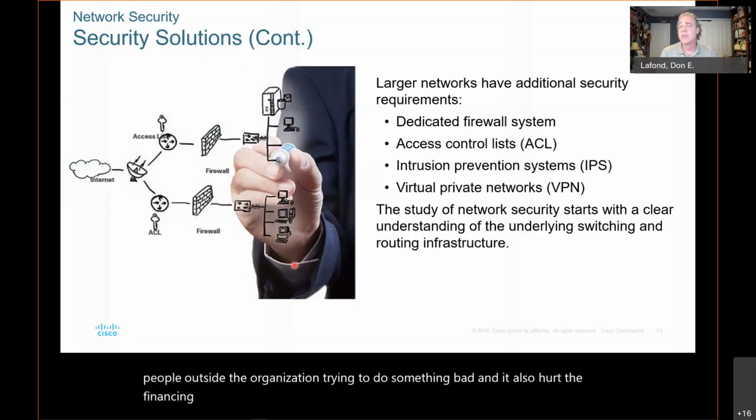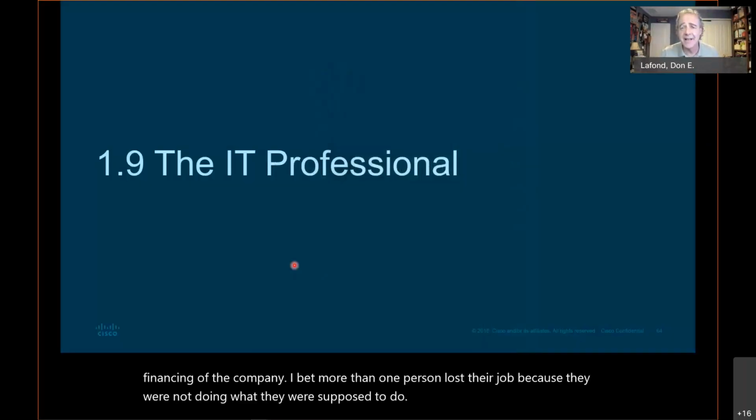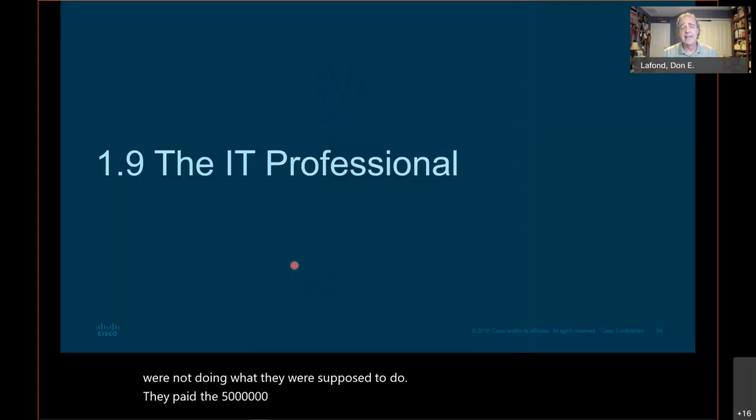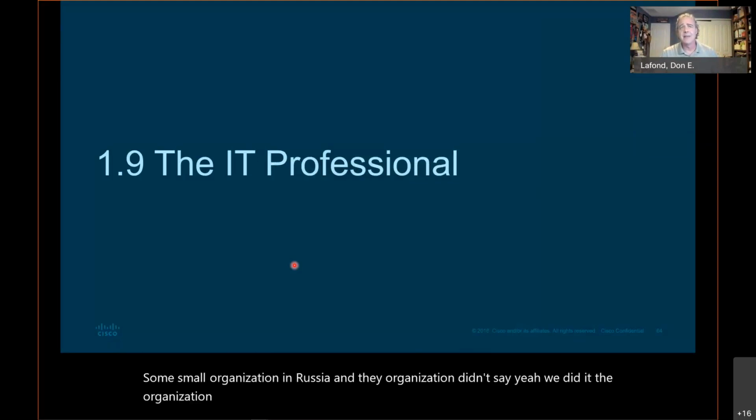I bet more than one person lost their job because they were not doing what they were supposed to do. They paid the $5 million. And they kind of know who did it, some small organization in Russia. The organization didn't say, yeah, we did it. The organization said, yeah, we're out to make money. And they just made $5 million.